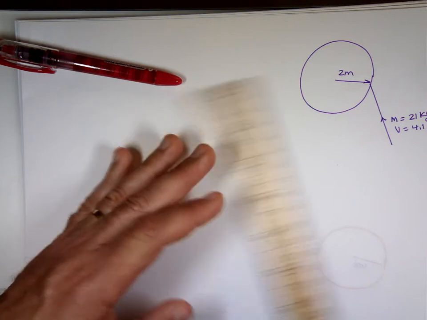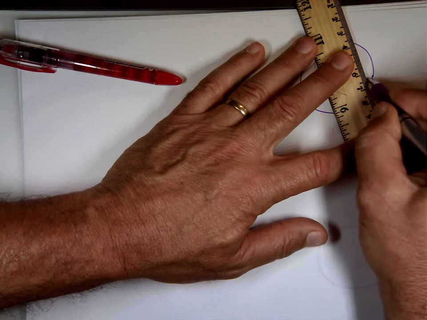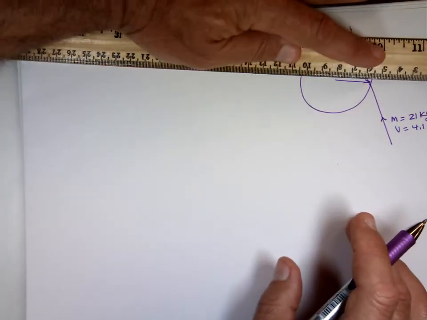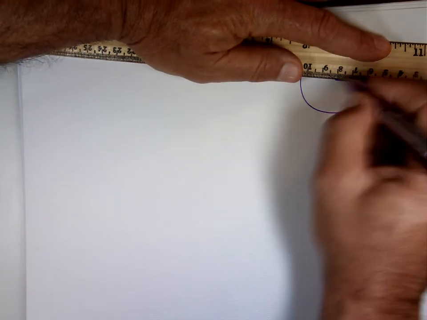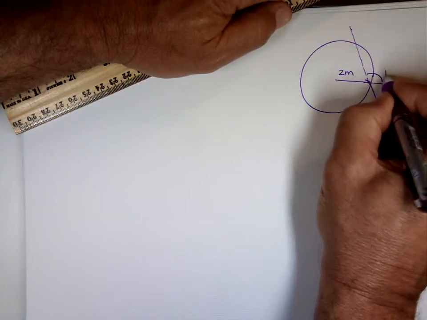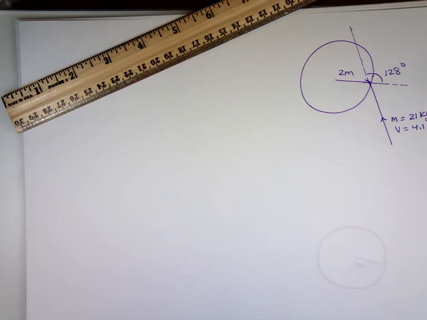Now let me give you the angle that we have. His path there, if you continue, that's the direction of his path. R is in this direction. So this angle here is 128 degrees. That's obviously with respect to x.